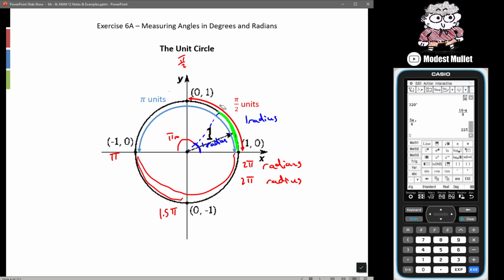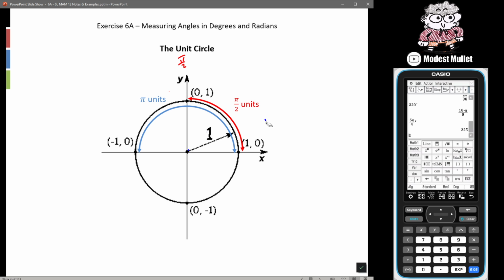So if I said, just roughly, how big is the sweep of maybe 3 pi on 4, you can think of that as 3/4 of a pi. And we know pi gets us round all the way over to 180 degrees. That's our reference point. We know that line is going to be there.